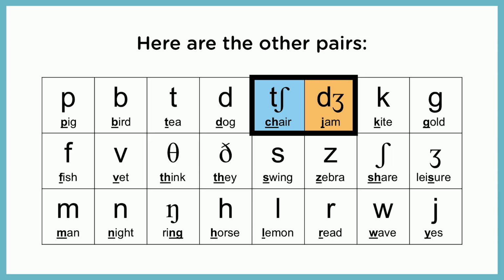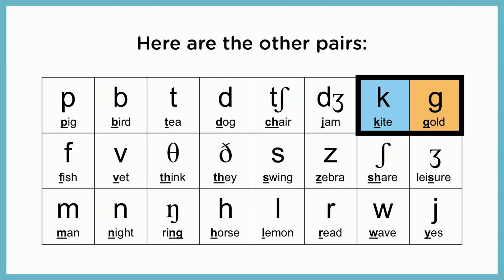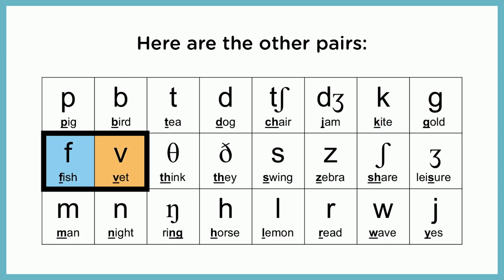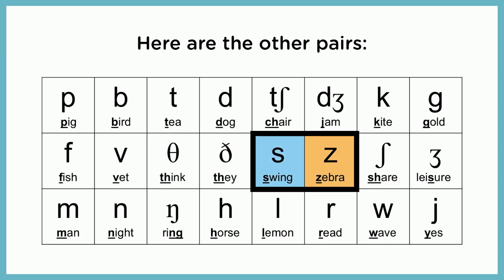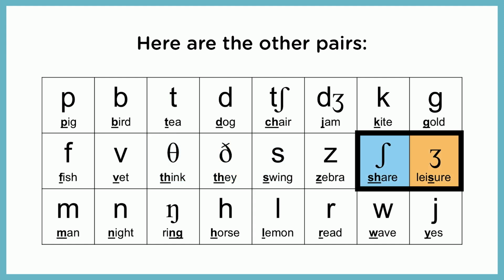Cool. So let's take a look at the other pairs. We've got ch and j, k and g, f, v, th, th, s, z, and finally, sh, zh.